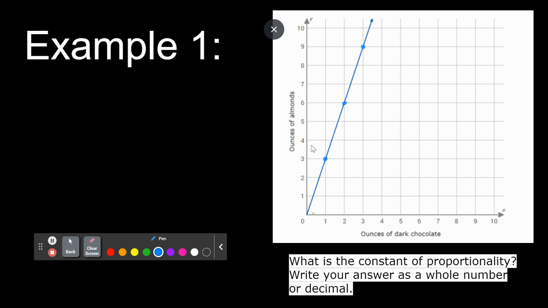I can use any of these points. This one here is (1, 3). This is (2, 6). And this one here is (3, 9). Now we can take any of those data points to find our constant of proportionality.